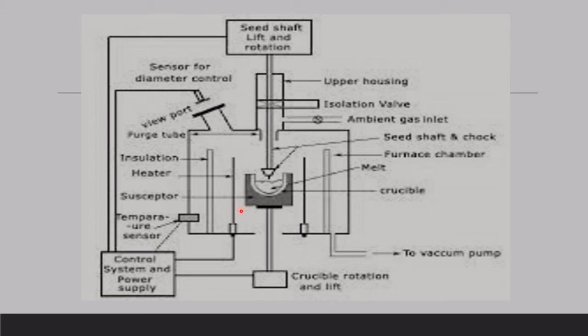You can view it as an outer jacket, a bigger cup of graphite in which I am going to place the quartz cup. This white portion is the quartz cup. So this quartz cup is called the crucible, and the graphite region is called the susceptor, and the graphite susceptor is placed on a heater.